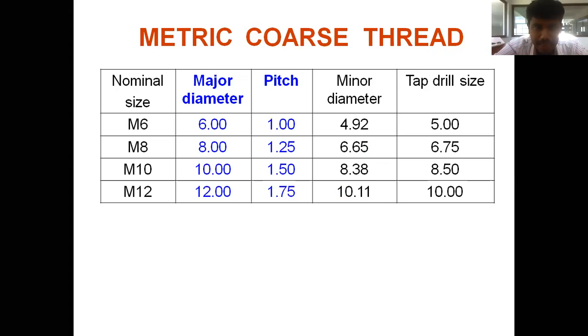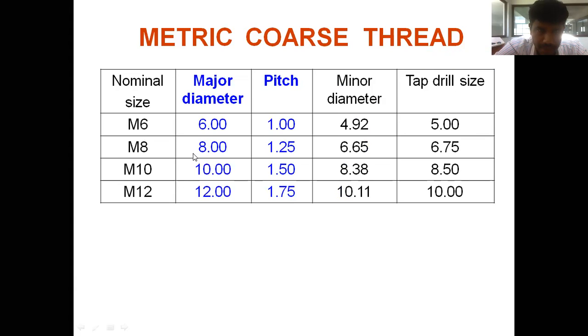What is this M10, M6, all these things? So here comes the picture. 6 refers to the major thread diameter, and the pitch is 1. Here the minor diameter is 4.92, and we are going to use the tap drill size of 5 mm.